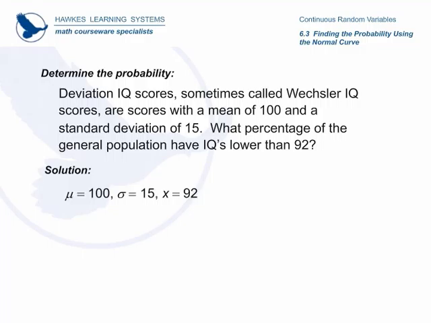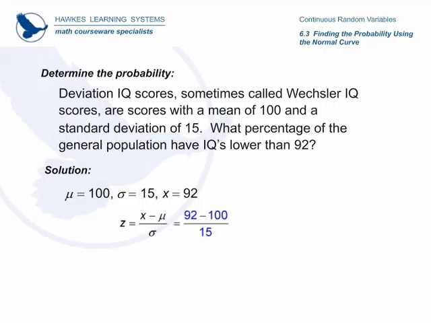So we have our population mean, using the symbol mu, equals 100, our population standard deviation, using the symbol sigma, equaling 15, and our data value equaling 92.